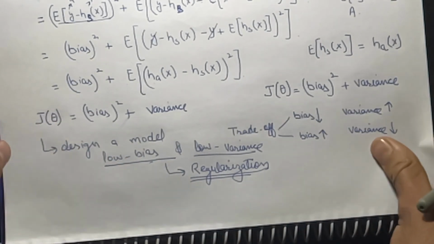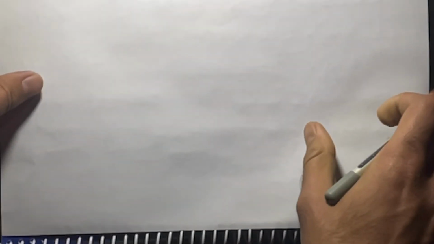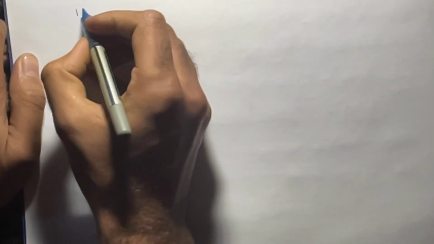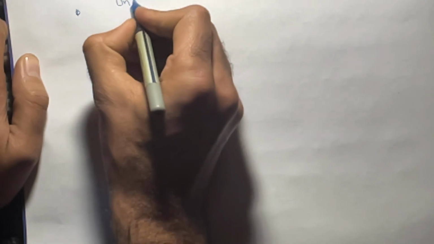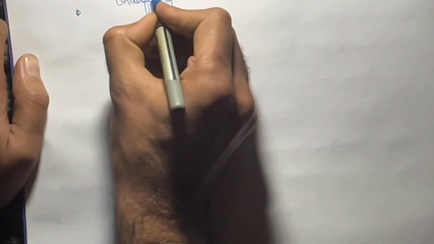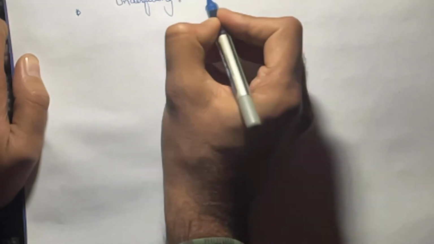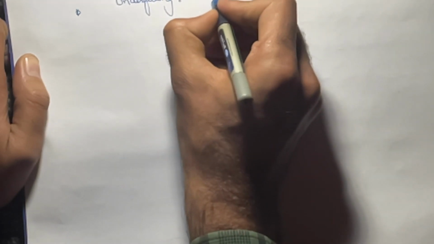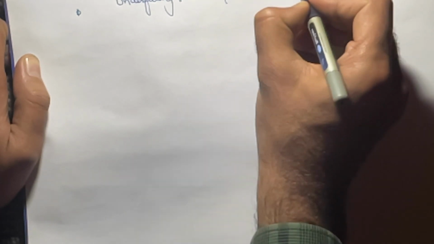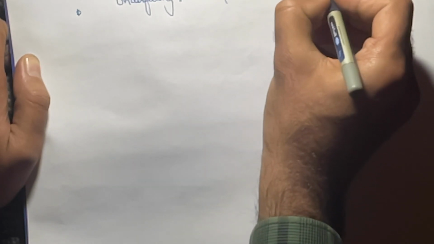Okay, so before wrapping up this particular lecture, let me recap two or three terms. One is underfitting. So what is underfitting? Underfitting means simple model, as a result giving high training errors.